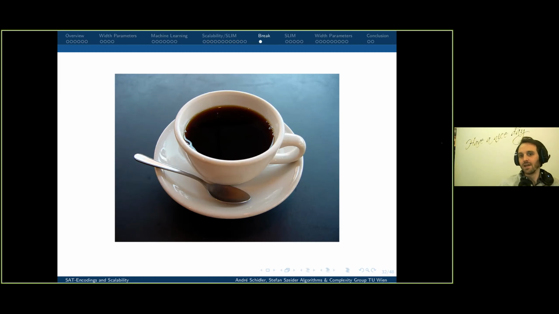SAT solvers in the competition are good at solving the instances in the competition. That does not mean that they're good at your problem. But you don't try to tune the SAT solvers using one of the billions of options they have. That would probably be a good option.